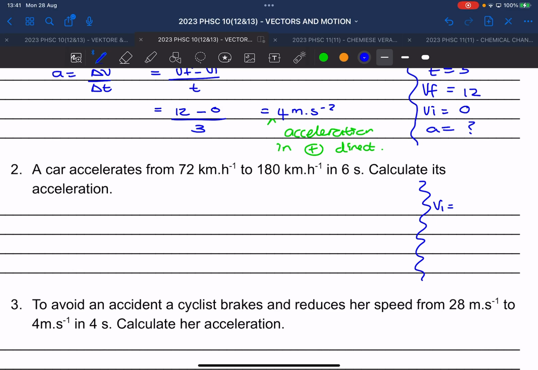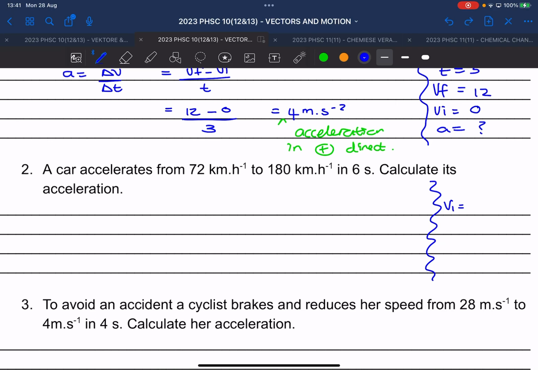Is 6 seconds a velocity? So what is the initial velocity? Okay. Right? So what is the car's initial velocity?